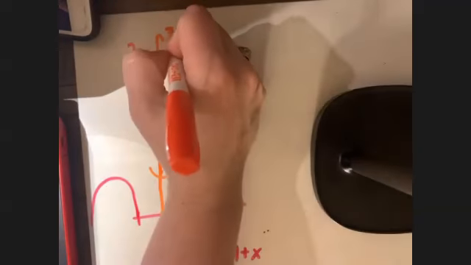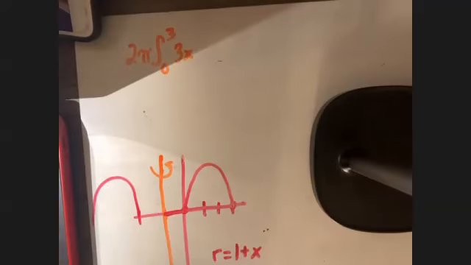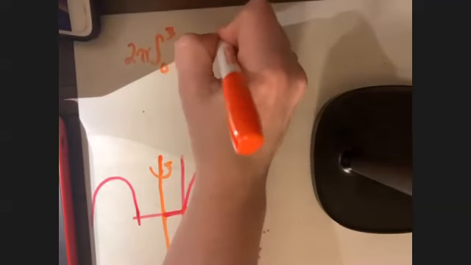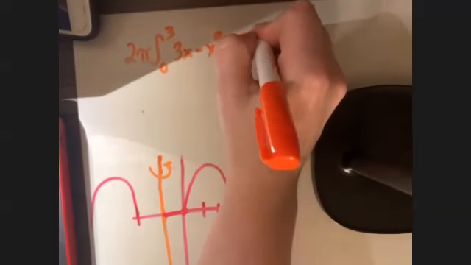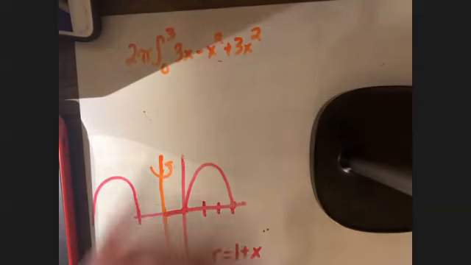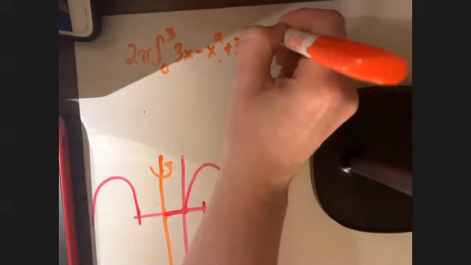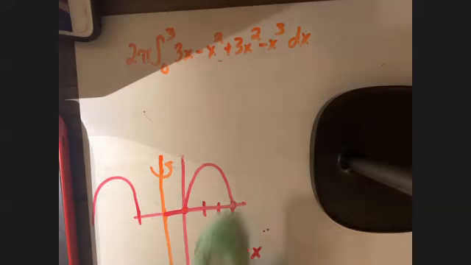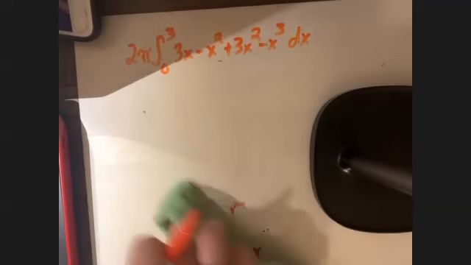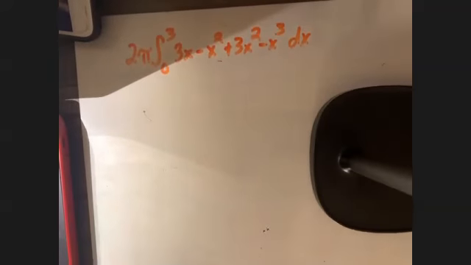So I've got 3x minus x squared plus 3x squared minus x cubed dx. Okay, so I have not done anything other than I FOILed those two functiony parts together.